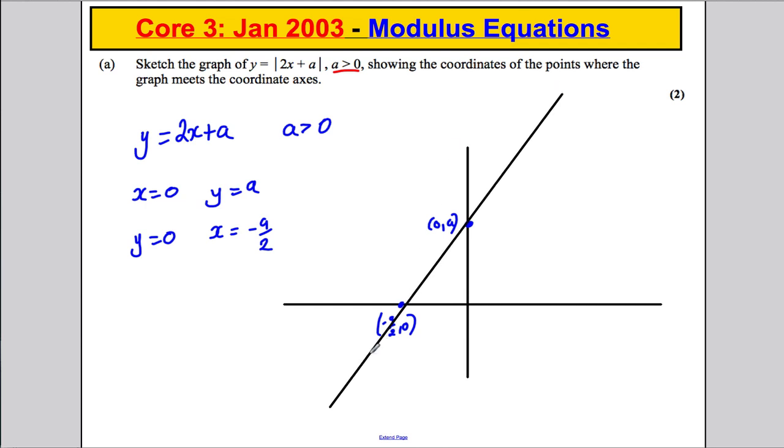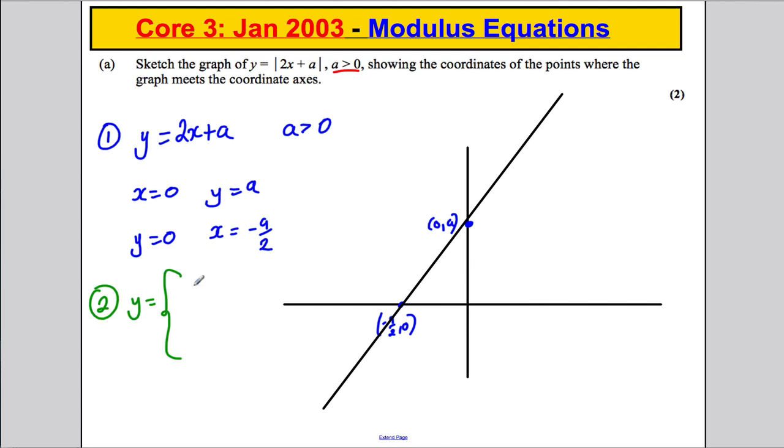Now, making that graph a modulus graph, that was step 1, considering that. Step 2 is to actually say what the modulus means. Well, y would therefore be two things. It would be the positive 2x plus a for x bigger than or equal to negative a over 2, and it would be the negative of 2x plus a for x less than negative a over 2.